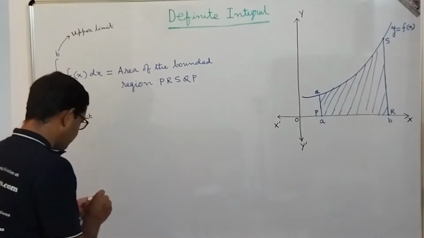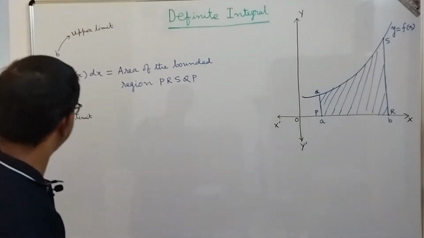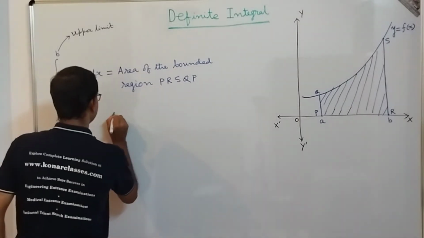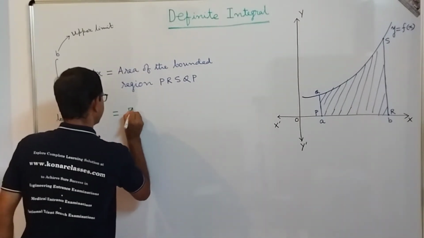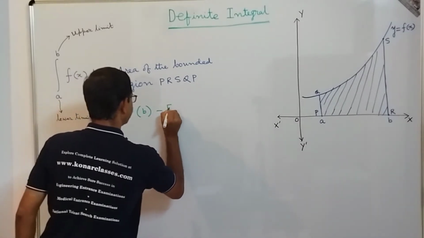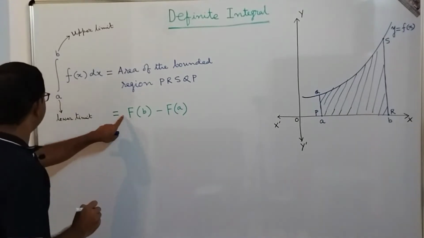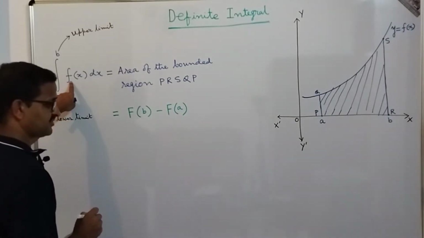Also, dear students, we can say that the integration from a to b of f(x) dx, we can write as capital F(b) minus capital F(a), where F(x) is nothing but the antiderivative of f(x).